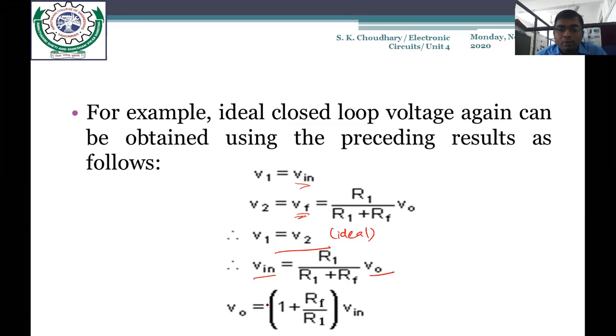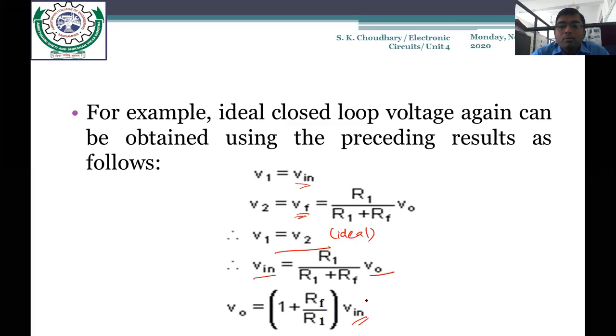So you can write V0 is equal to R1 plus Rf upon R1, means 1 plus Rf upon R1, into Vin. Again, you can see that by doing this way also we have reached the same equation that we have already written in equation number 10. So either way you go, you reach the same condition.